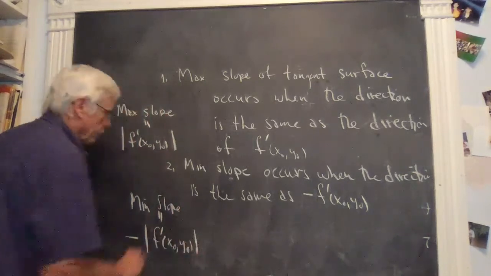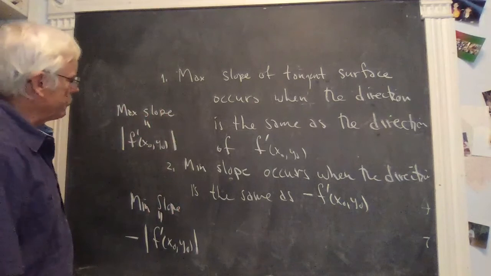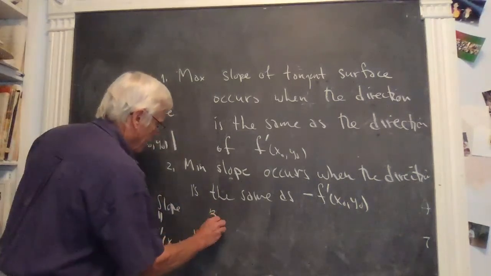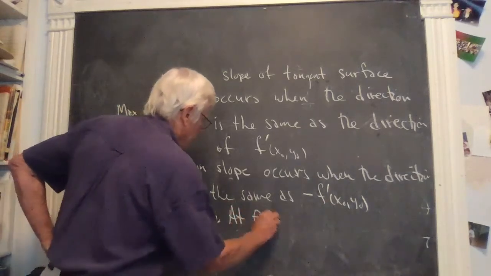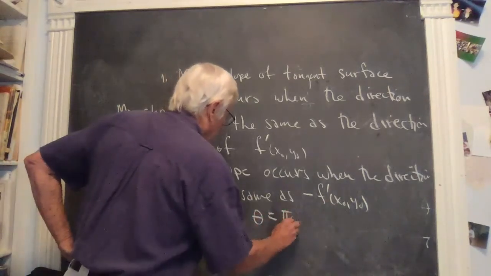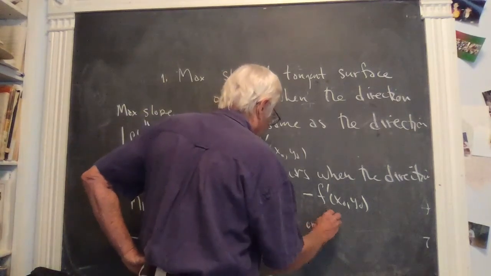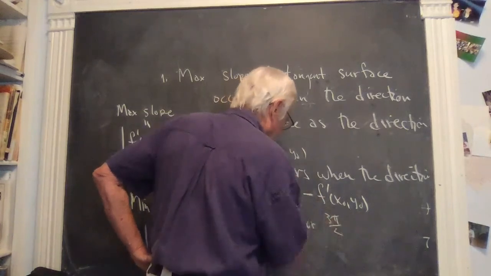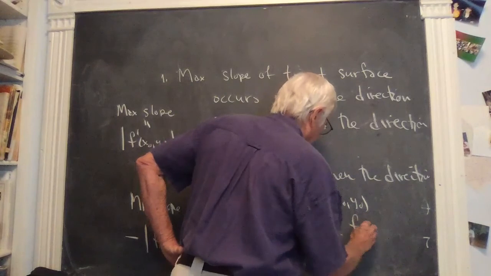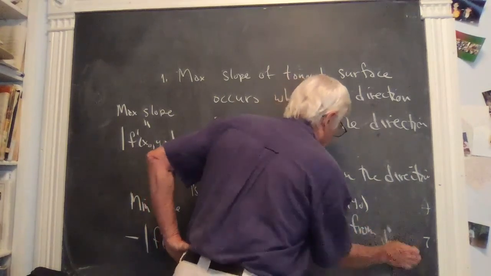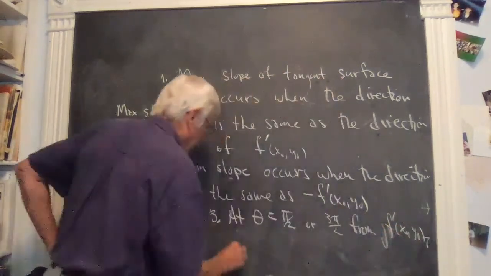All those are just a function of what happens with planes, linear surfaces. I think that's almost all. Finally, at theta equal pi over 2 or 3 pi over 2 from the gradient, from the derivative, the slope is 0.